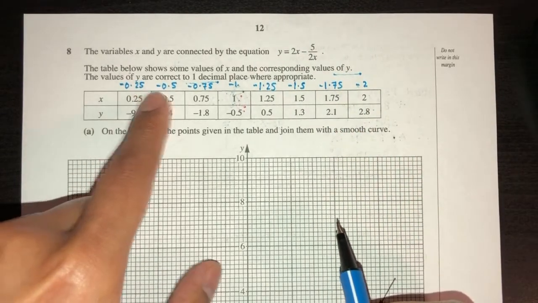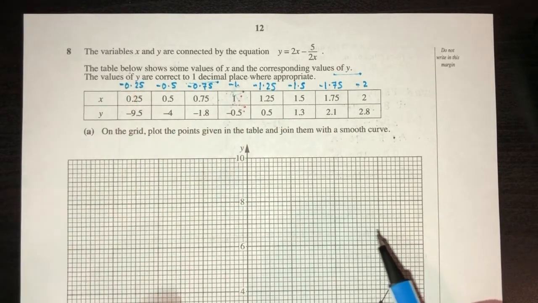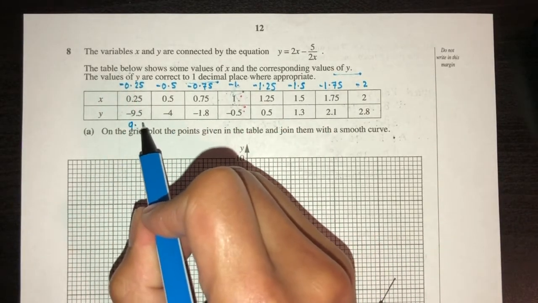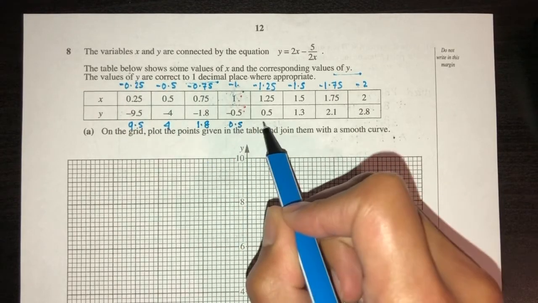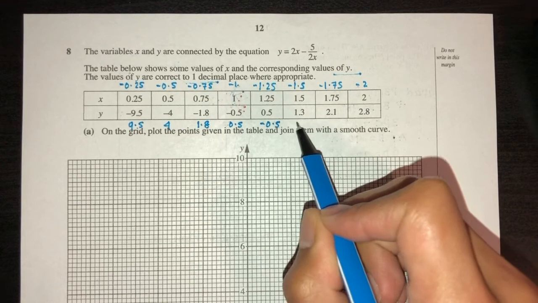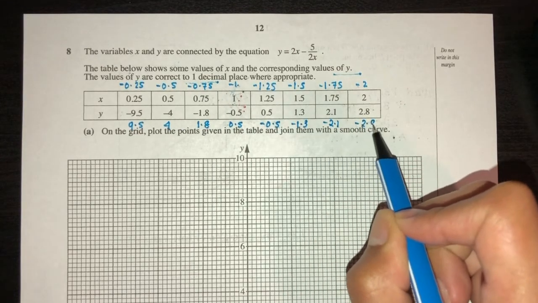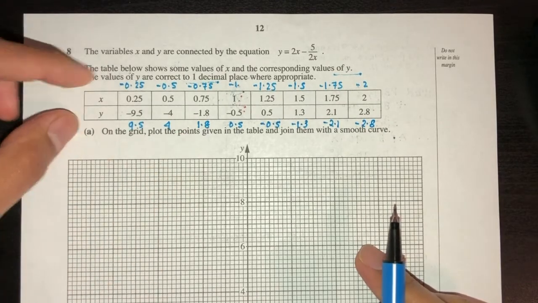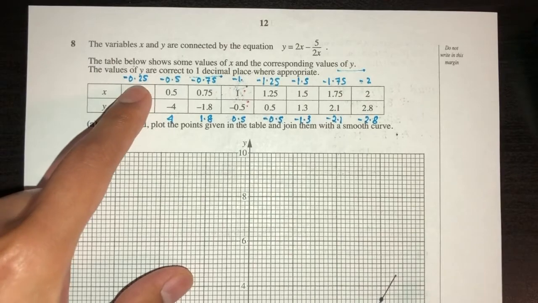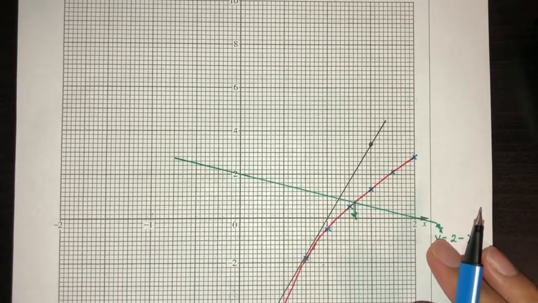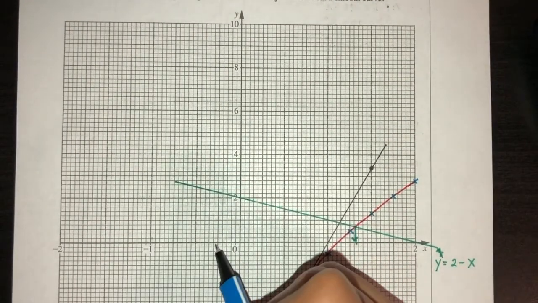If you put this value of x inside your function, your y will give you the other value, which is 9.5, 4, 1.8, 0.5, minus 0.5, minus 1.3, minus 2.1, and minus 2.8. So you have to draw this curve for these new sets of points on the graph. So pretty easy. So minus 0.25, we can just plot this. We'll see what happens, right? So it will be 9.5.